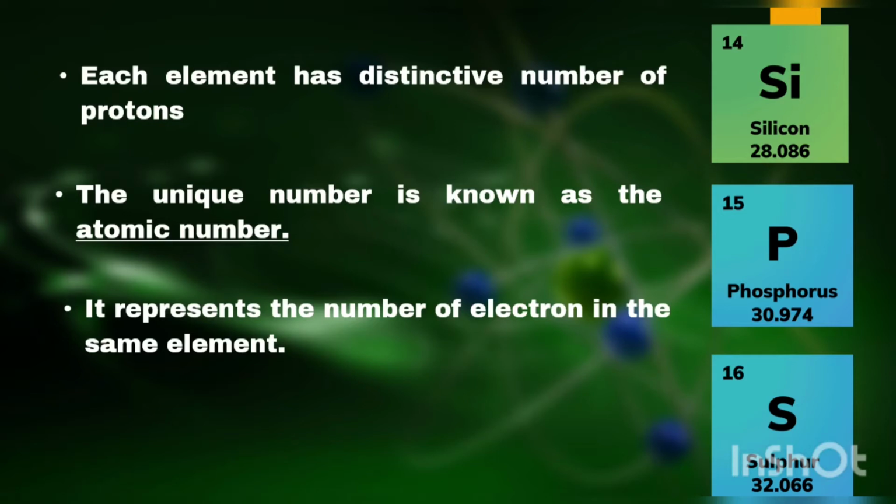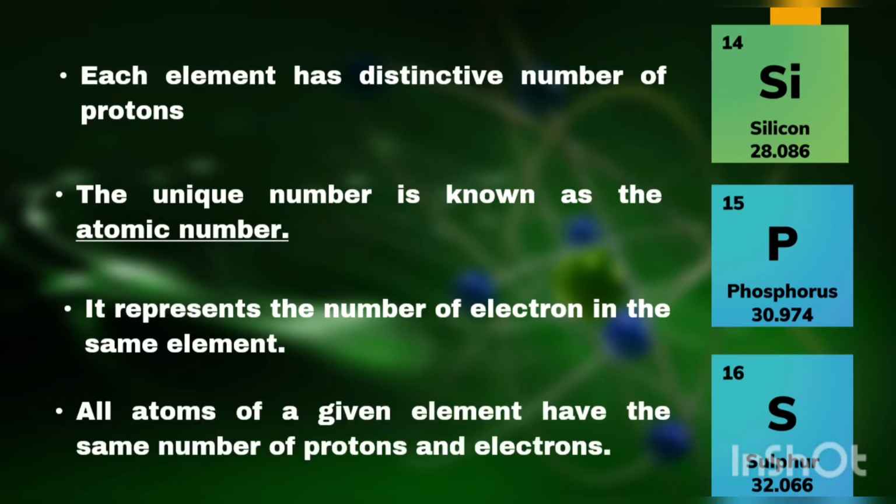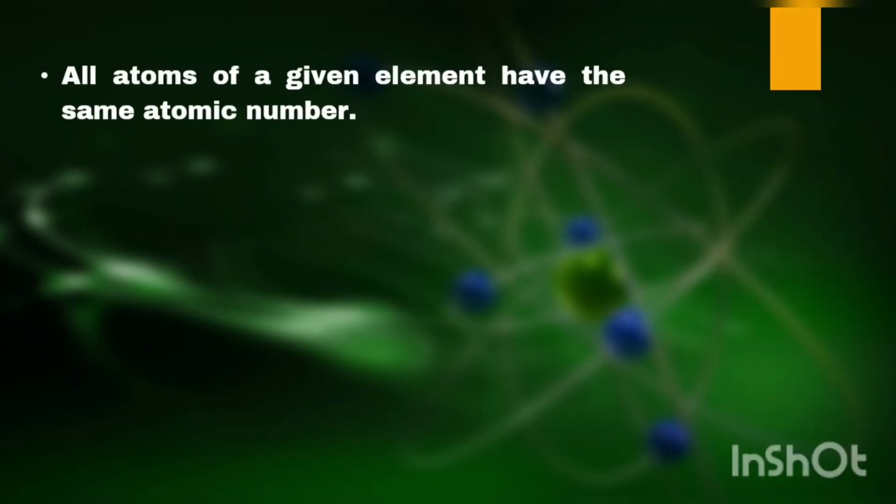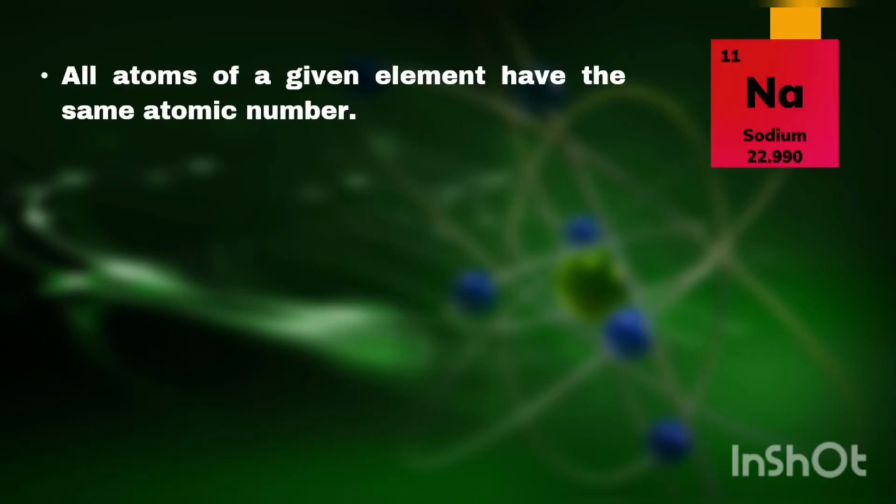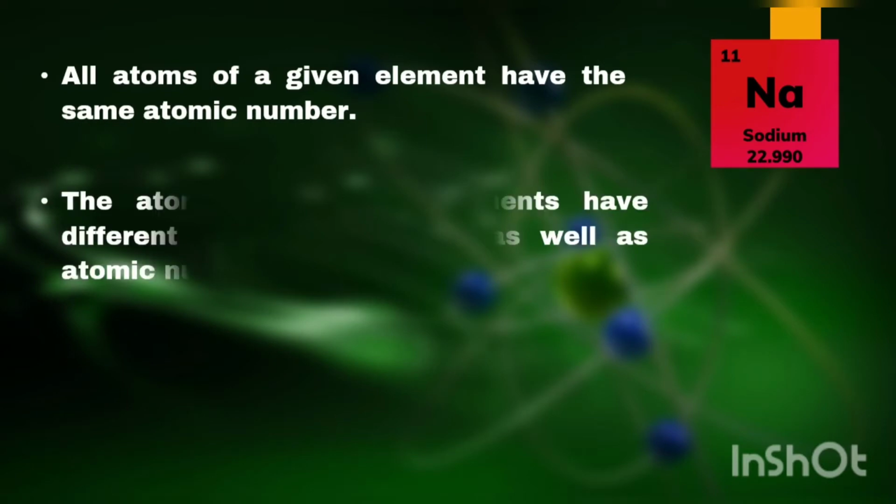Take note, that is only true for neutral atoms. All atoms of a given element have the same number of protons and electrons. All atoms of a given element have the same atomic number. Sodium atom's atomic number is 11.